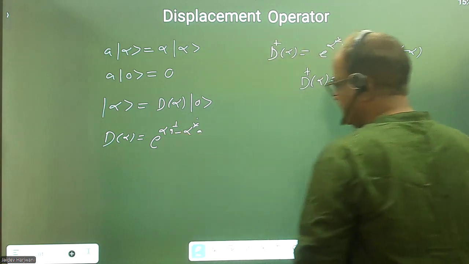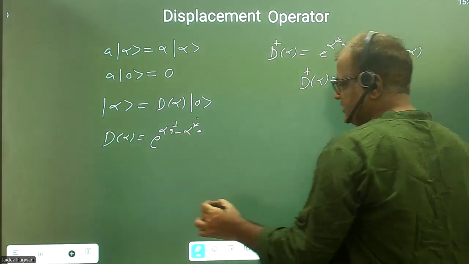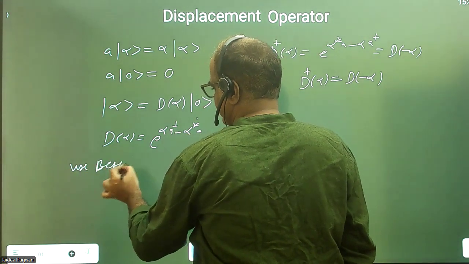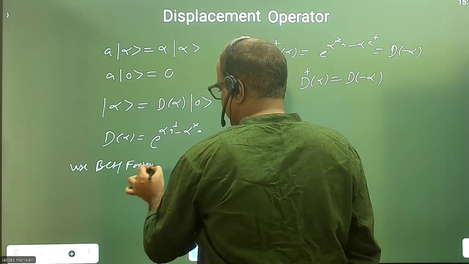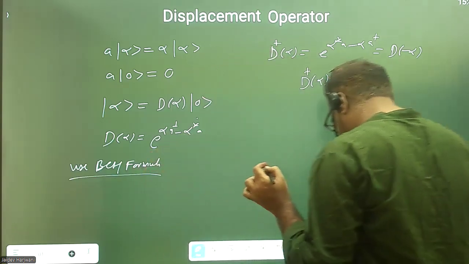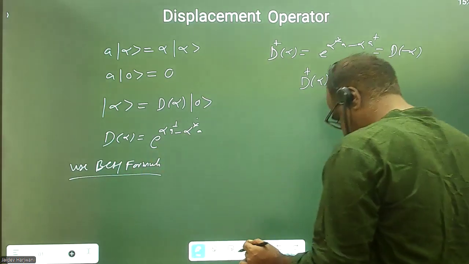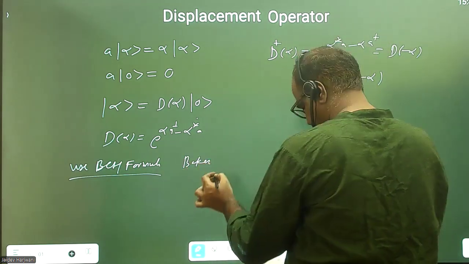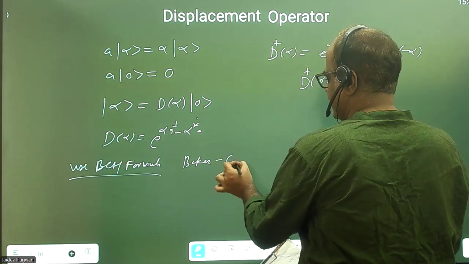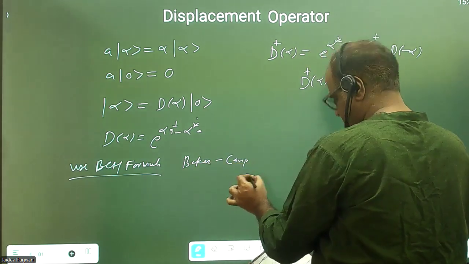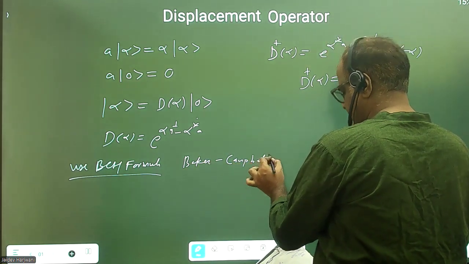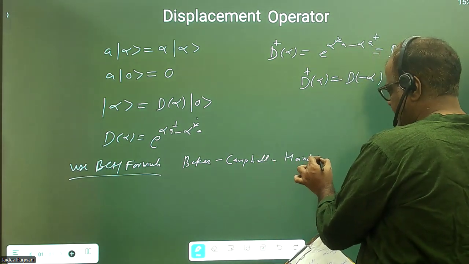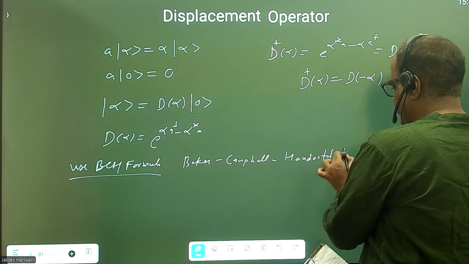Now I want to write this using the BCH formula. BCH is the name of scientists: the Baker, Campbell, Hausdorff formula.